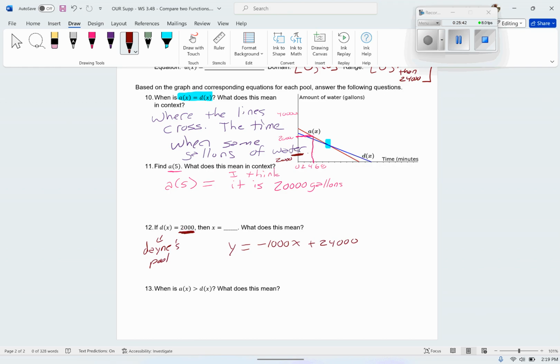So let's see. This whole equation should be listed like this. D at x equals negative 1,000x plus 24,000. So I'm going to take 2,000 and replace d at x. Let's see if I can have room. Uh-oh, I'm going to run out of space. Hang on. Maybe I can change this up a little bit.